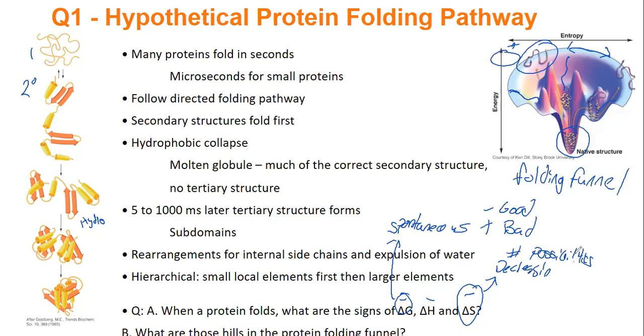So when delta H is negative, that means you're releasing energy into the world, which means you're making bonds. So making bonds, delta H equals negative. And again, there's a lot of debate what is contributing to that. But just know when you're folding a protein, you're making favorable interactions. Favorable interactions mean you're releasing heat. If you're releasing heat, delta H is negative.